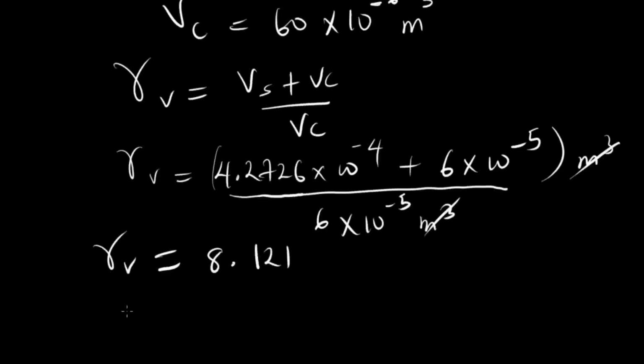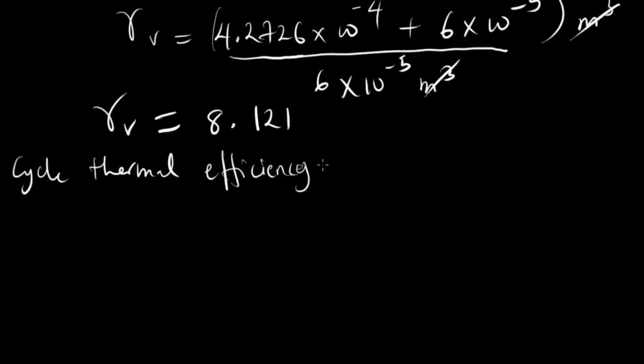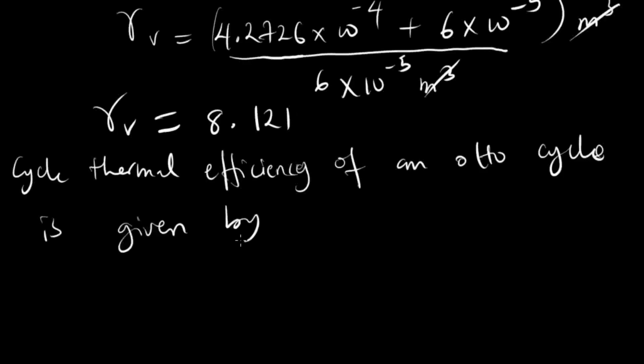So the cycle thermal efficiency of an Otto cycle is given by 1 minus 1 over RV raised to the power n minus 1.